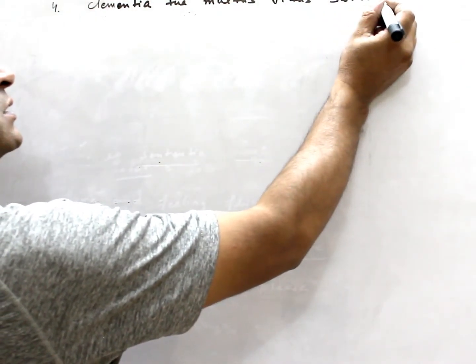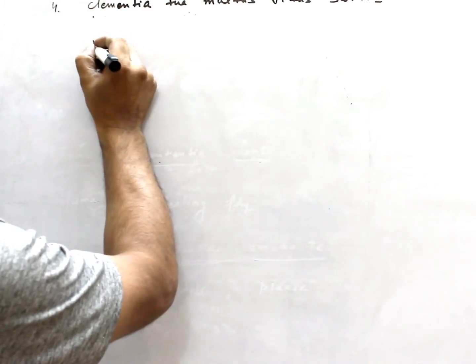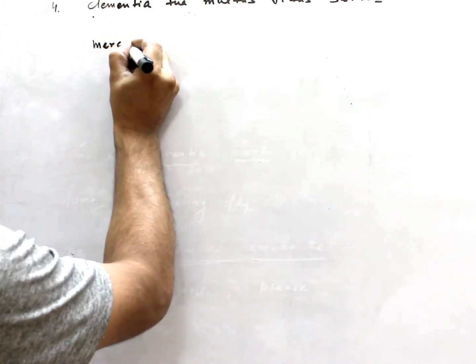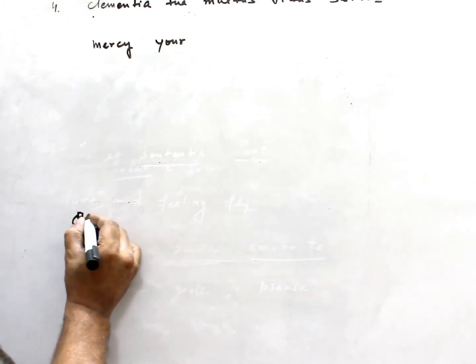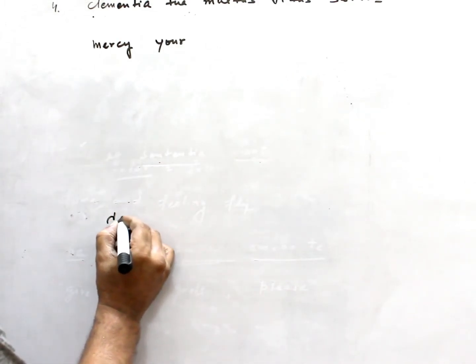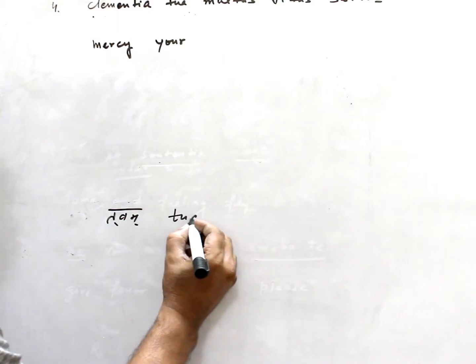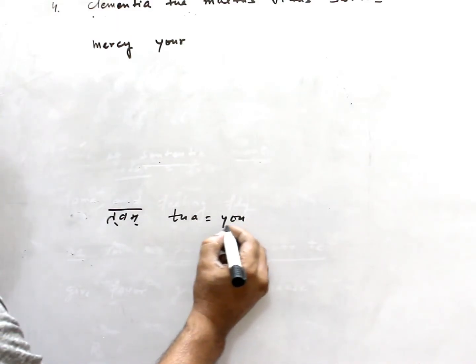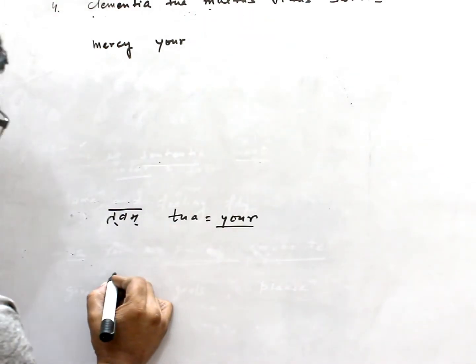So T is added with serva, that gives the third person, and clementia is mercy. Tua means your, like Sanskrit tvam. And multas, what is multas?